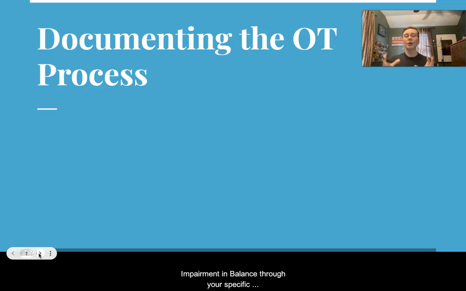Now, through your specific examples of why those are deficit areas, as noted at the edge of the bed, patient with loss of balance towards the left when donning a shirt. When donning a shirt, noted decreased scanning past midline to identify left armhole. While donning a shirt, client required max verbal multimodal cues to attend to task.